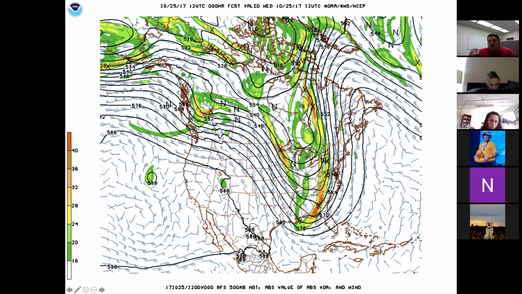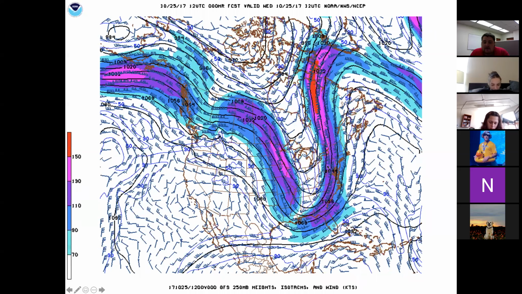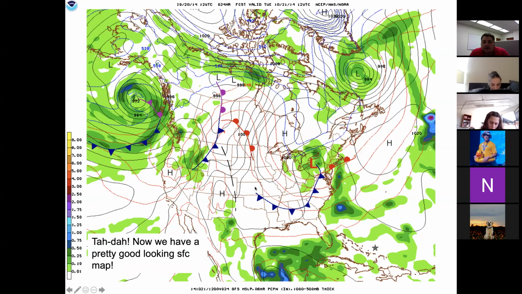In the upper levels of the atmosphere, the winds are a lot stronger, so that's why you'll see that these wind barbs often have flags on them. But we can still see the same patterns, especially at the 250 millibar level. It's very distinct to find where these fronts are.